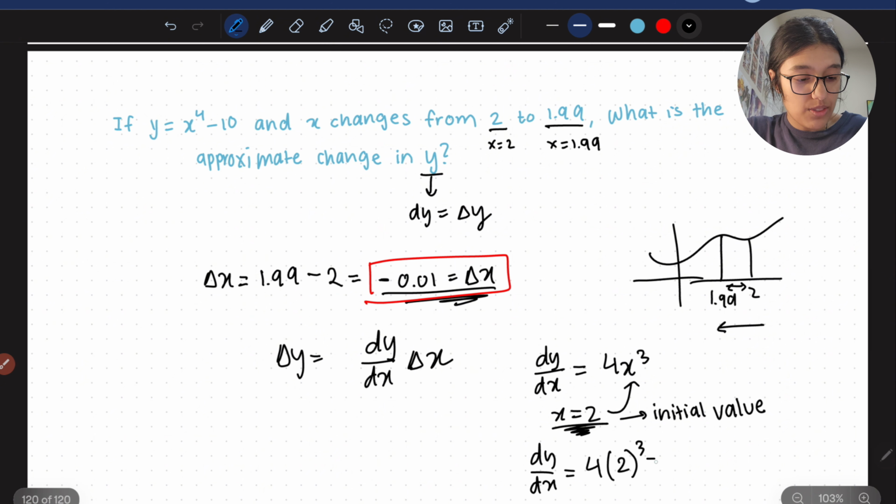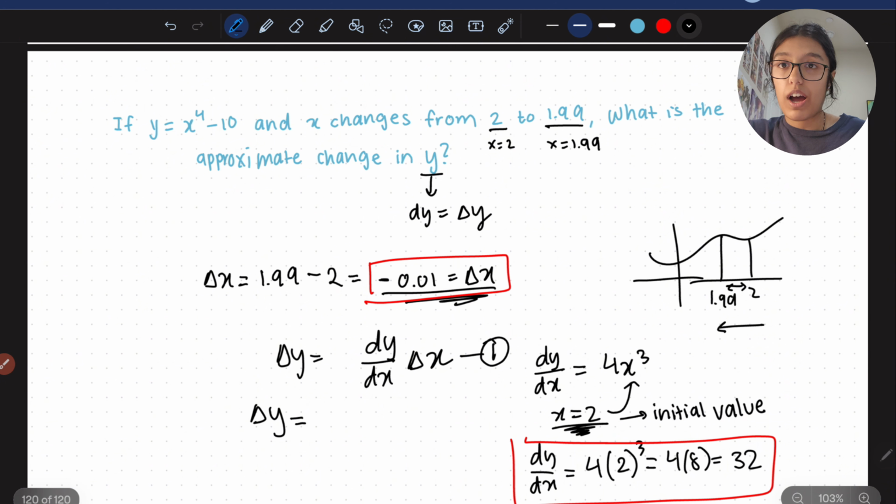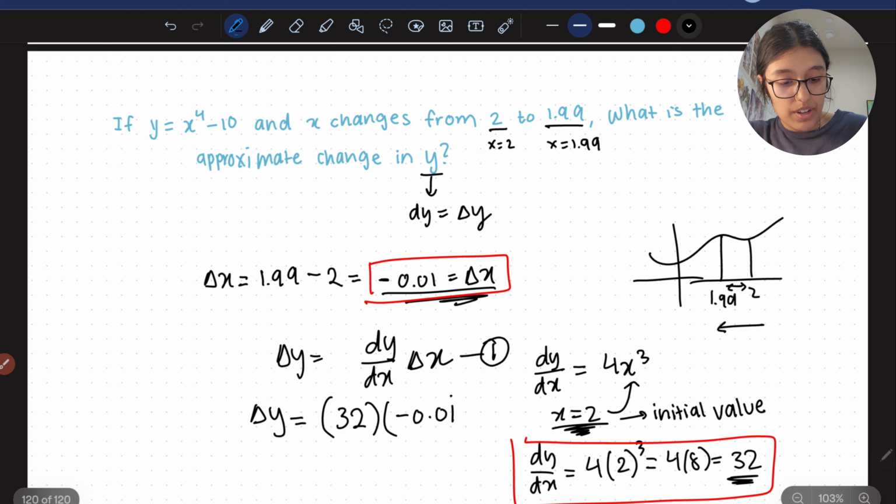So now we're just going to replace our quantities in this function right over here. We have delta y is equal to dy over dx, which we found was 32. So that's 32. Delta x, we did final minus initial, which is negative 0.01.